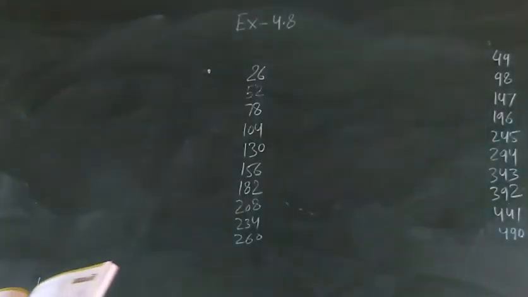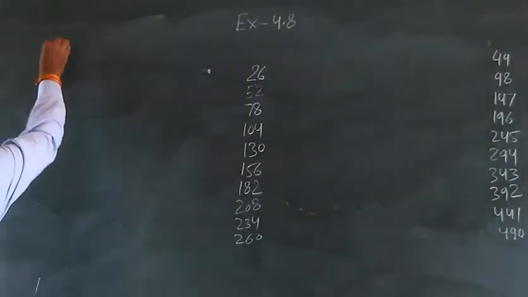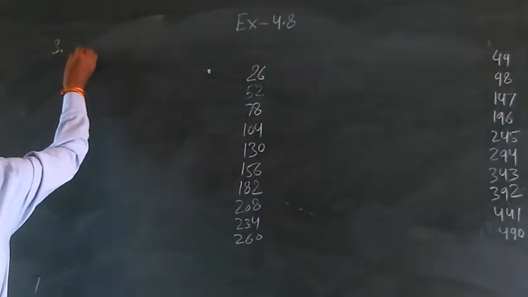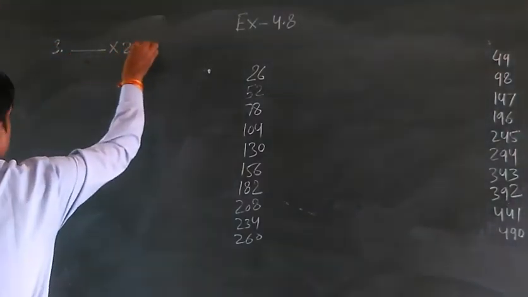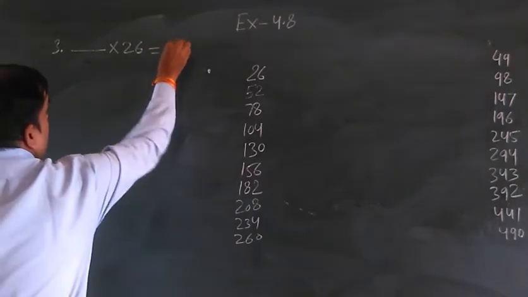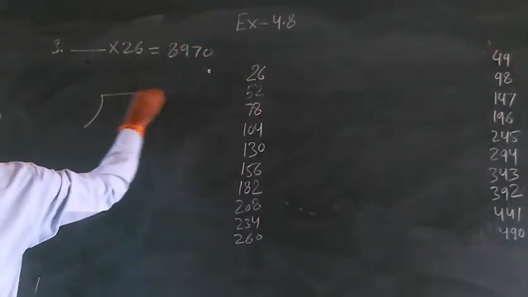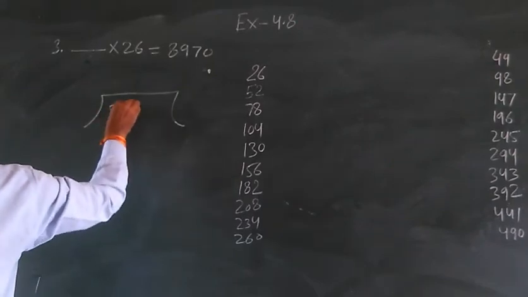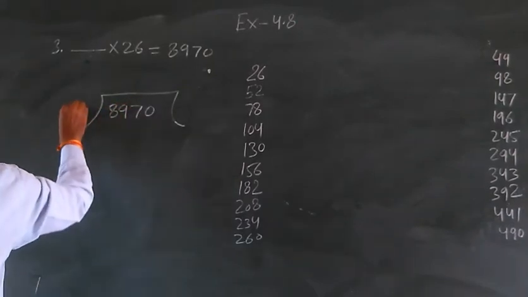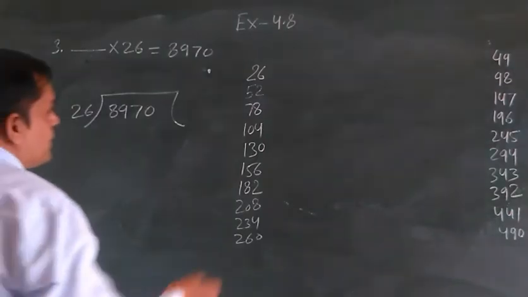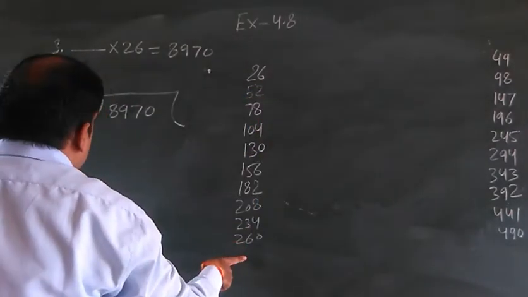Question number 3. Blank multiplied by 26 is equal to 8970. So what we do, again divide. 8970 divided by 26. I write here the table of 26.